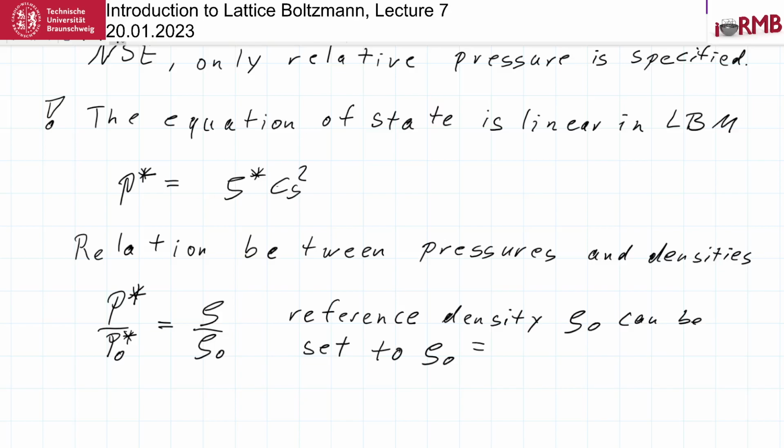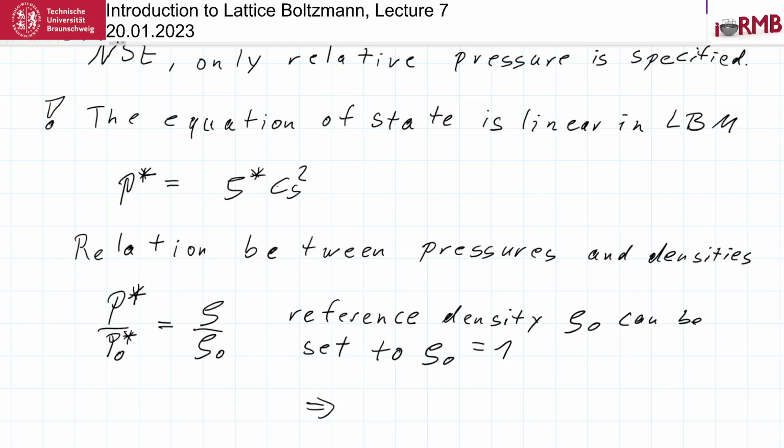By the way, statisticians like to do this because we are dealing with the distribution function, and they like the integral of distributions to be equal to 1. So they say we just say the density, which is the zero moment, is 1. So the base rho 0 is 1.